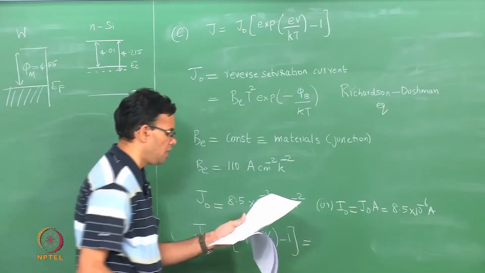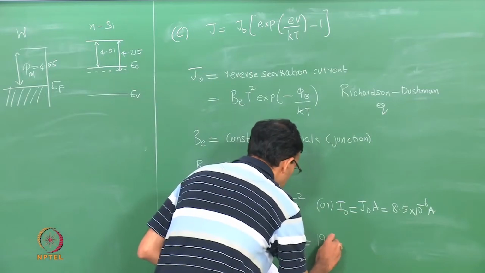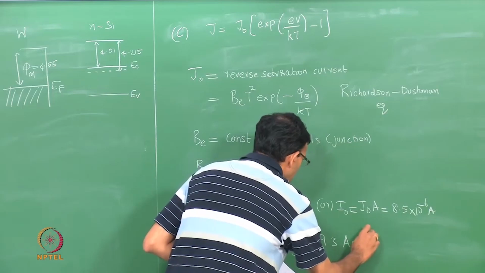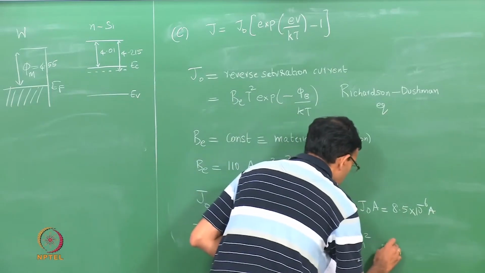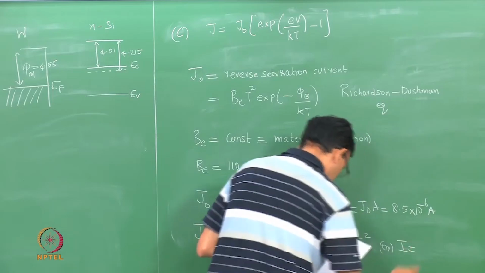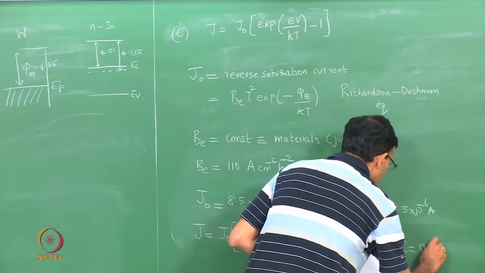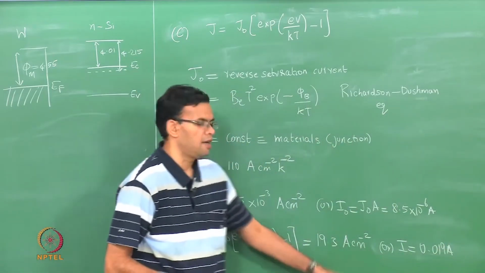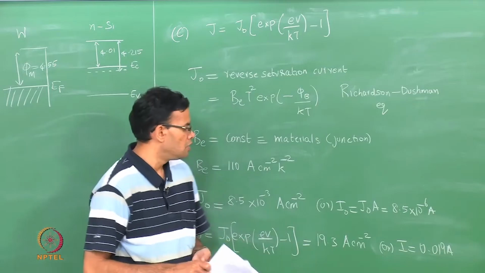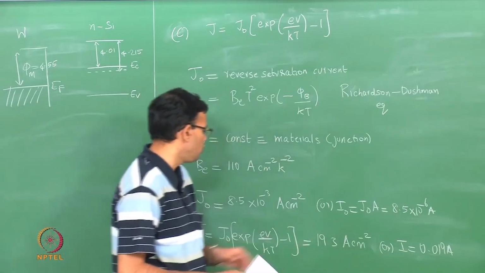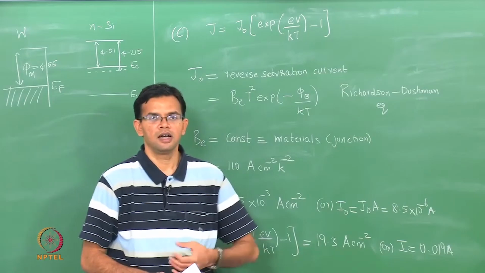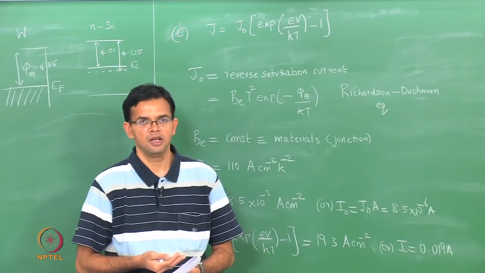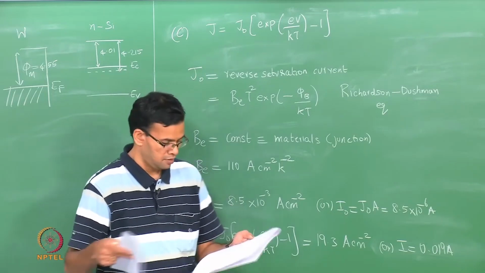So, we can substitute the numbers and J comes out to be 19.3 amperes per centimeter square, or the current I is just 0.019 amperes. So, this is the current during forward bias. You can see that it is nearly 4 orders of magnitude higher than the current during reverse bias. This is why a Schottky junction is essentially a very good rectifier.